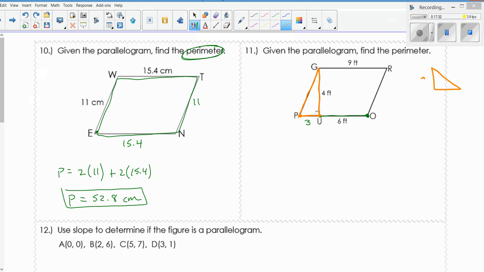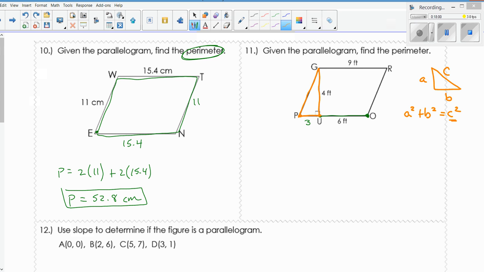Pythagorean theorem says that when you have a leg and a leg, if you square them, it's equal to your hypotenuse squared. So Pythagorean theorem says leg squared plus leg squared equals hypotenuse squared. Your A and your B don't matter which one you call which, but if you square them and add them together, it's equal to your hypotenuse. You must always set it equal to your hypotenuse. Okay?